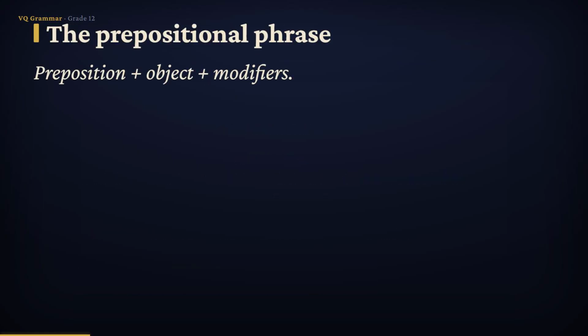Here's the thing. A preposition rarely travels alone. It pulls a small group of words along with it, and that group has a name, the prepositional phrase. Take this sentence. The scholar worked within a cramped archival vault. The scholar worked tells us what happened. Then within, there's our preposition.